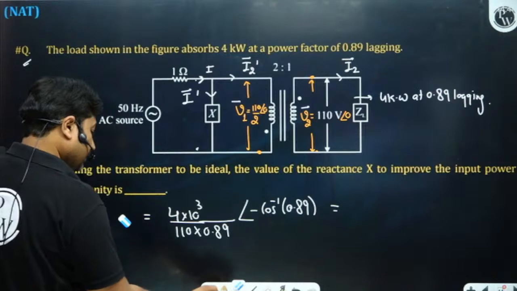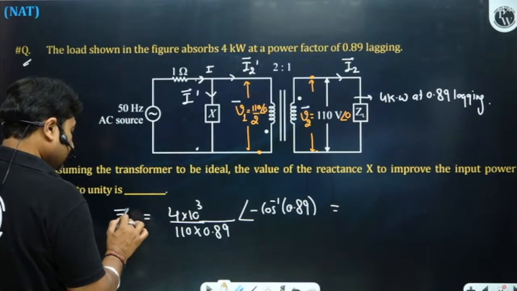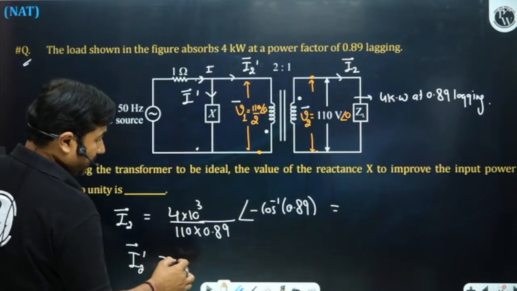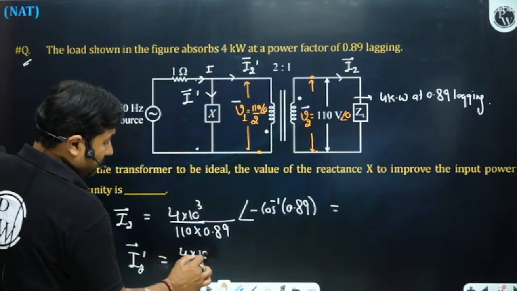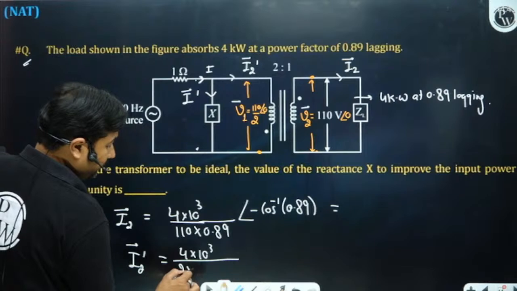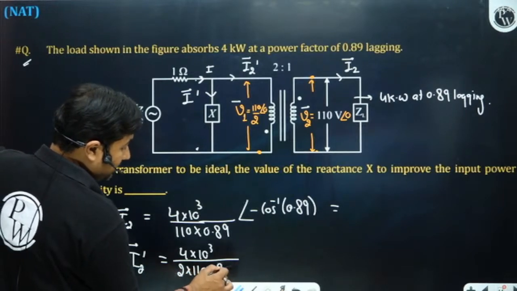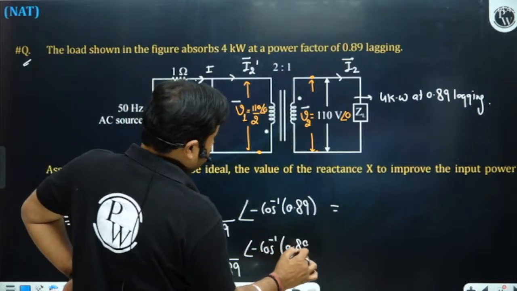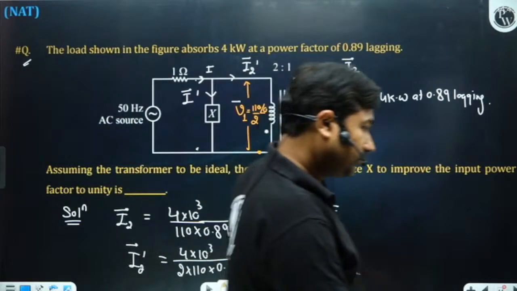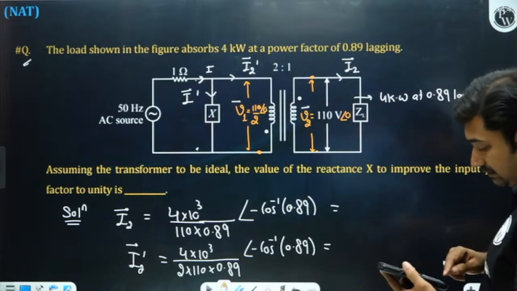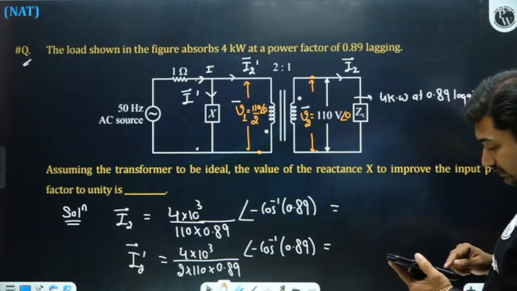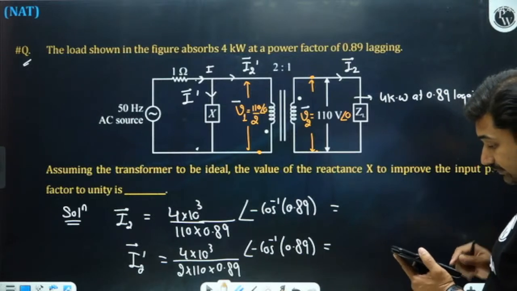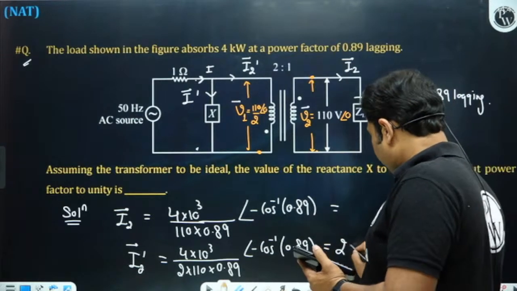Once you have I2, you can calculate I2 dash. I2 dash will be divided by 2 further. So 4 into 10 to the power of 3 divided by 2 into 110 into 0.89, angle minus cos inverse 0.89. So 4 kilowatt divided by 2 divided by 110 into 0.89. So we have 20.